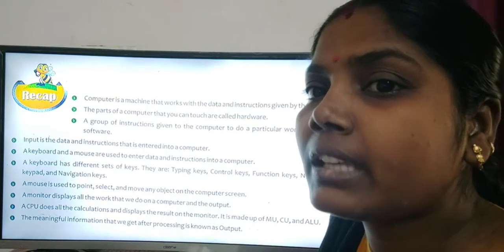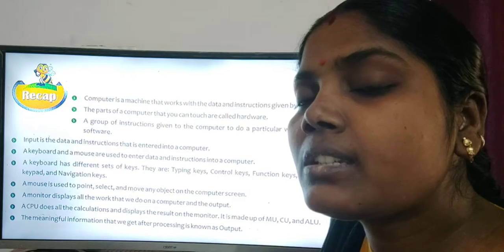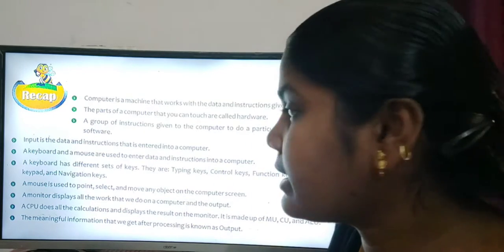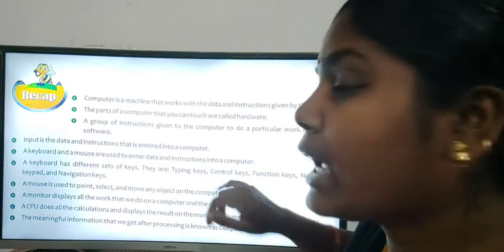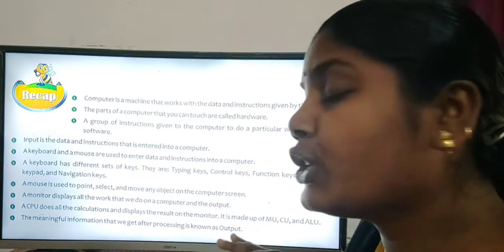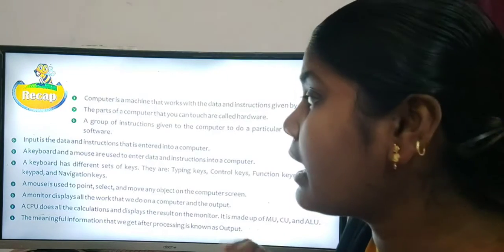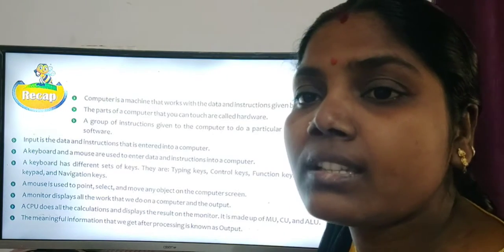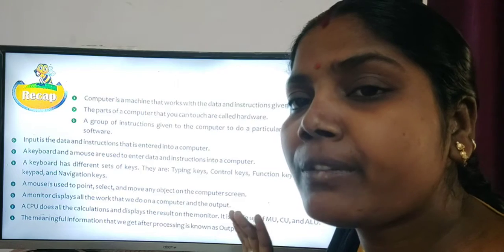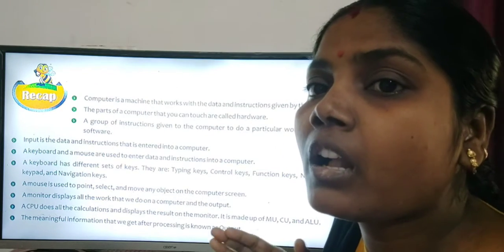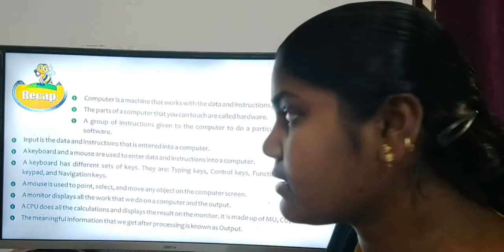But according to their functions, we divided them into different groups: typing keys, control keys, function keys, numeric keys, and navigation keys. So there are 5 different groups of keys divided according to their functions.